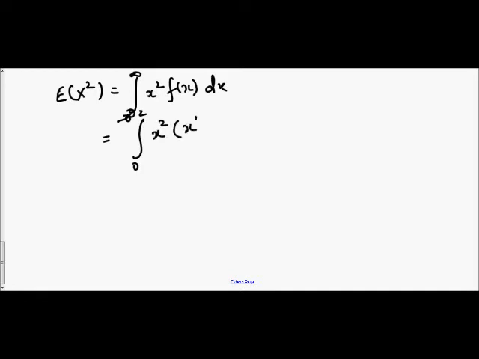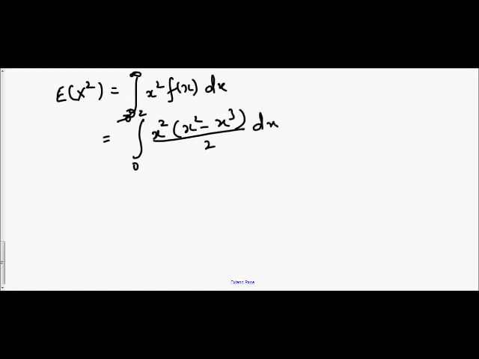So for a continuous random variable, the expected value of x square would be the integral of x square f of x dx. And with the question that I have done just now, this would be from 0 to 2, minus infinity to infinity in general, but for our question it is 0 to 2, x square times x square minus x cube over 2 dx.